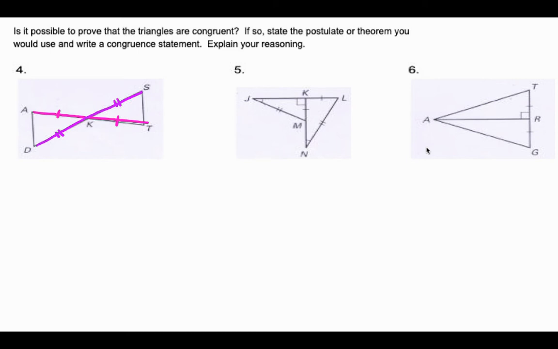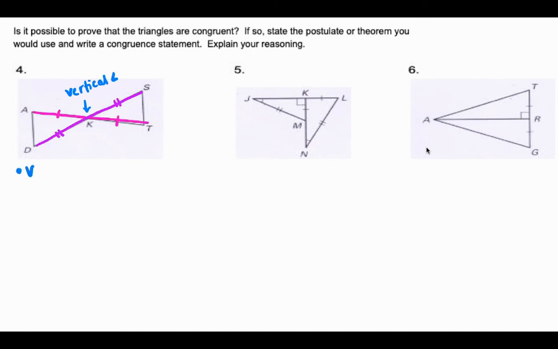So now I think back to that list of often used items and I look, this time I'm not sharing a side, so I can't get that third set of sides. But when I look at the angles here at the center of the picture, we have vertical angles.